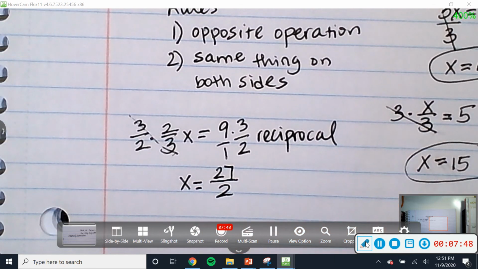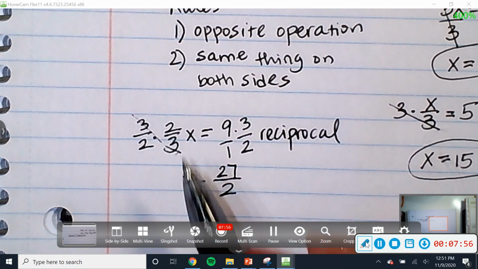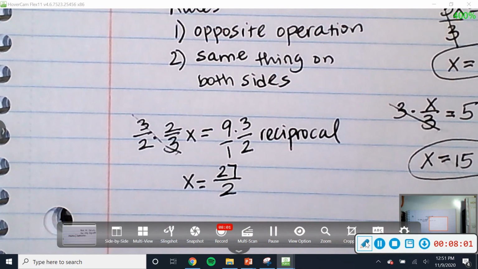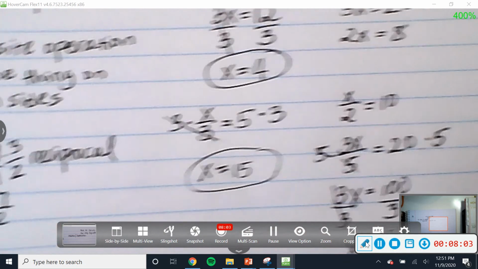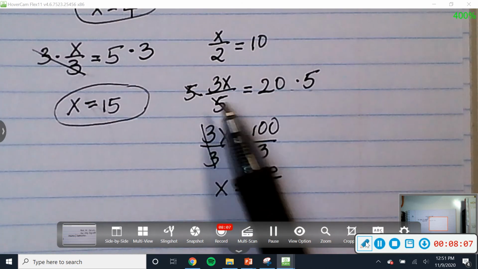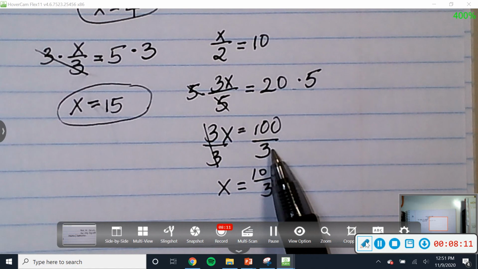And if you can simplify the fraction after that, you can, or you can leave it as an improper fraction. So there's 2 ways to solve these problems. You can either multiply the reciprocal on both sides, which means you flip the fraction here, or you could solve it like we just did over here, where you multiply the denominator on both sides, rewrite, and then divide on both sides.